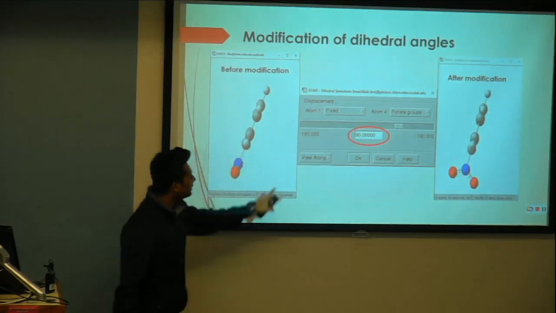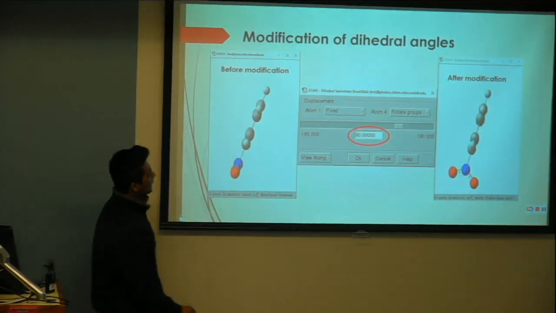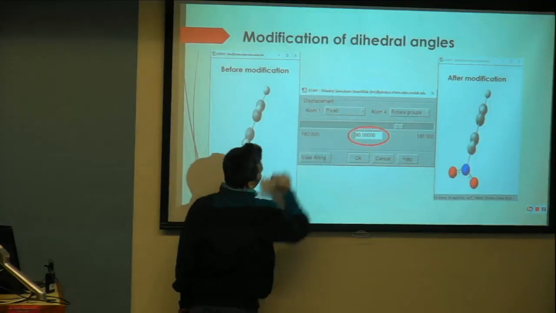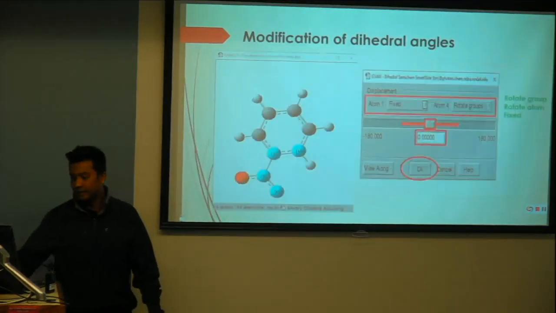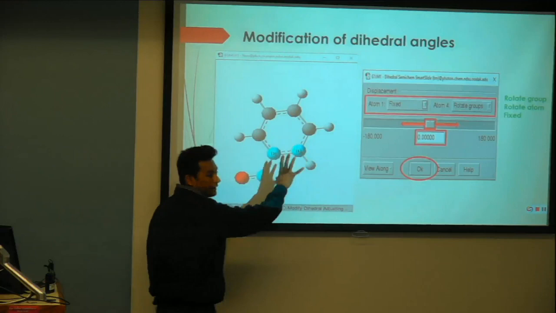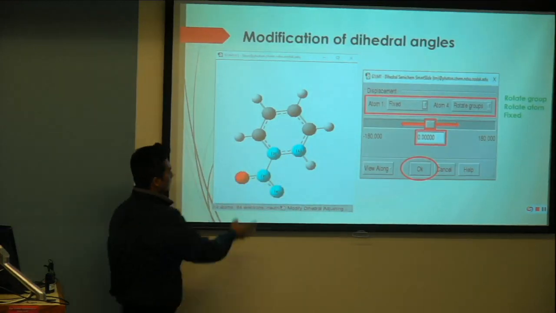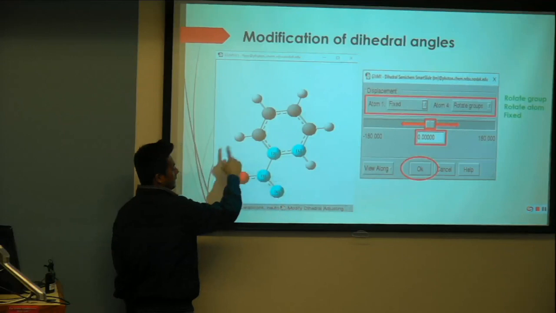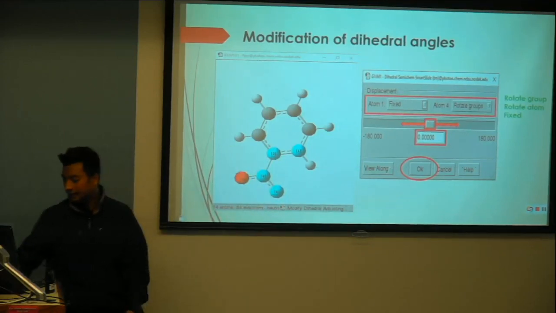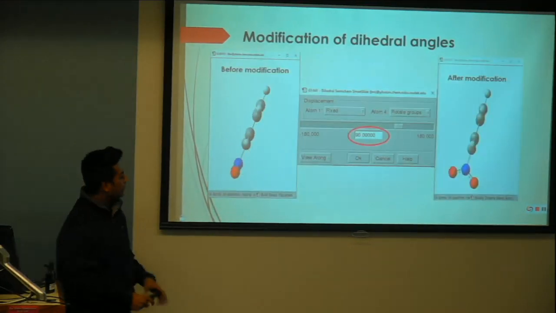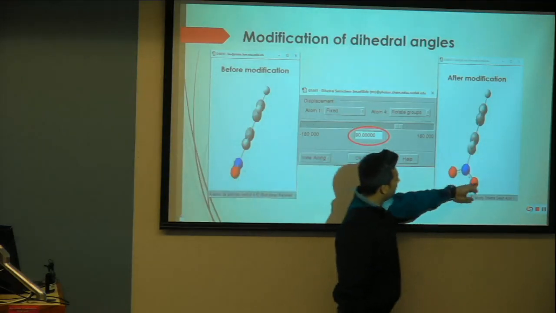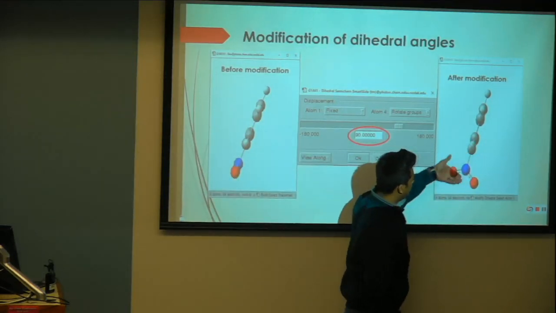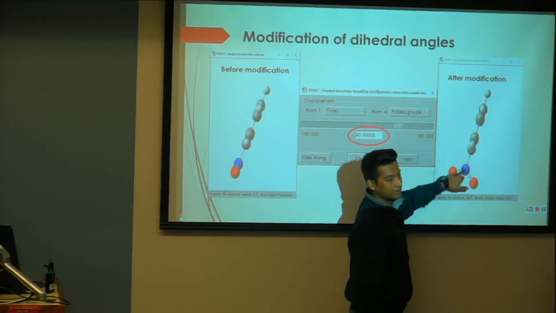So you see what happens. I made atom 1 fixed, so it will not move, but atom 4 will move like a circle. You see here, atom 4 makes 90 degrees about this plane.